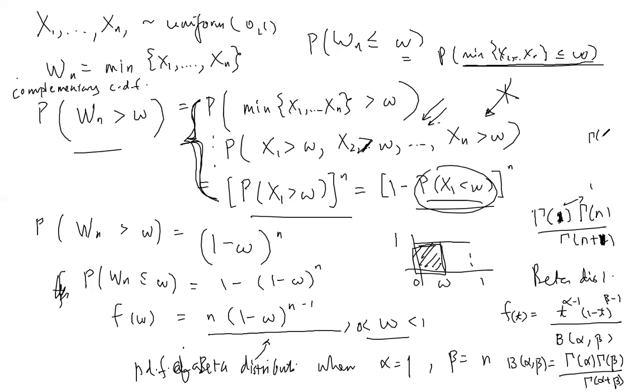So your gamma function of an integer is the factorial, all right? So this will be n factorial, and this will be n minus 1 factorial. So you cancel off, you get 1 over n here. You take the reciprocal, so you get the n here. So we know that if your x are uniform on 0, 1, then its minimum has a beta distribution with these parameters.